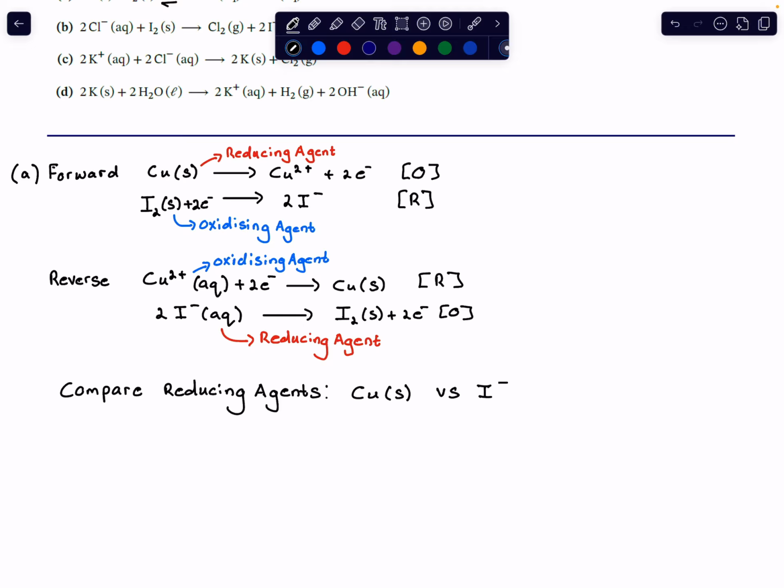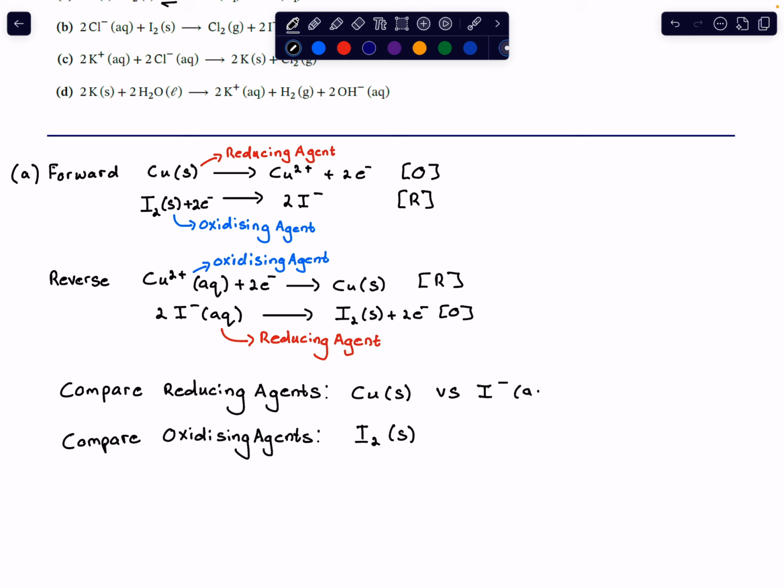In comparing oxidizing agents, for the forward reaction it is I2 solid.